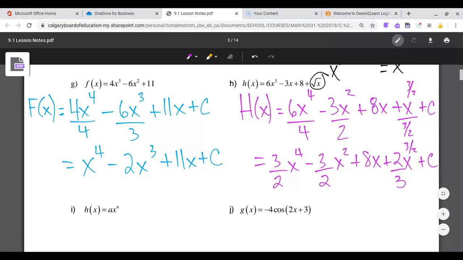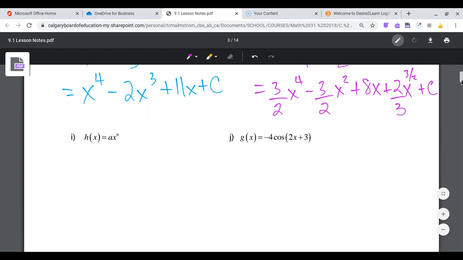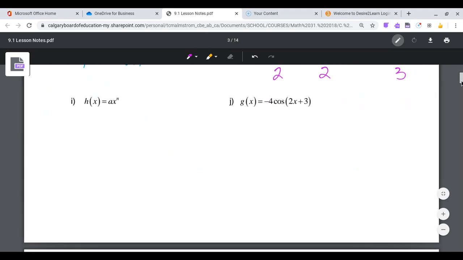Sneaks in there just nicely. Okay, and then we have something that's a little more generic. So this would be capital H of x is equal to a, which is just some constant, and then x to the power of n plus 1 divided by that new exponent n plus 1, plus c.